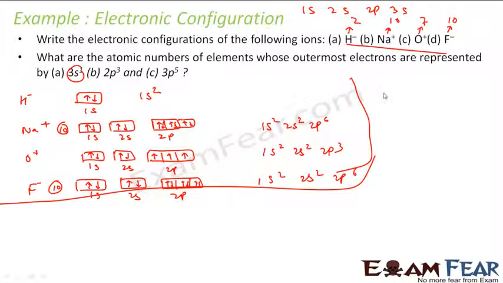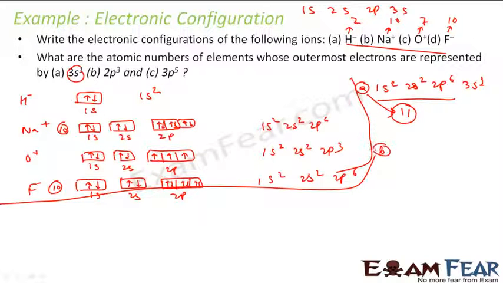So it is 3s1, that means 1s2, 2s all filled, 2p all filled, and then I have 3s1. This will be the electronic configuration of element A. So the total atomic number is 2 plus 2, 4, plus 6, 10, plus 1, 11. So 11 is the atomic number for A.